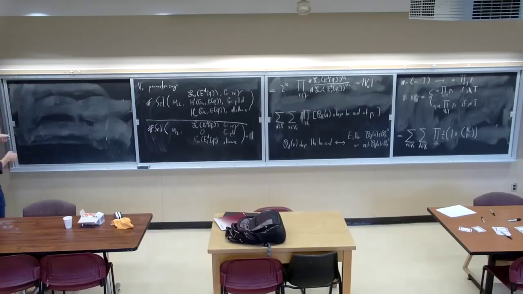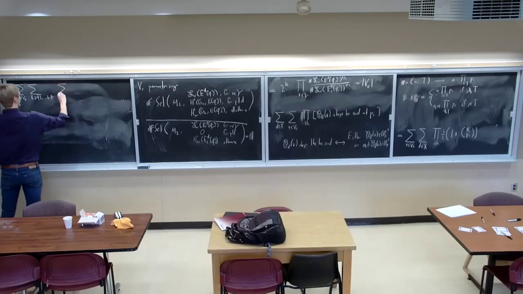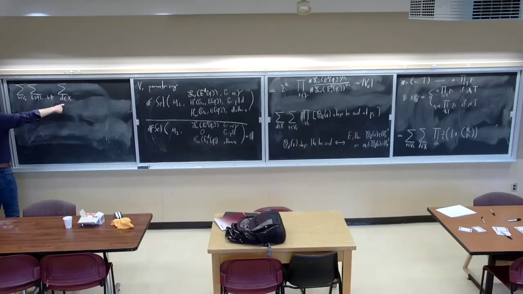And so when you expand this out, you end up with a sum over subsets of 1 through k. So to write that out, we have a sum over v in v naught, and then a sum over subsets of 1 through k. And then I've been sneakily bringing the d sum in over the course of the talk. Remember, at the beginning it was on the outside.